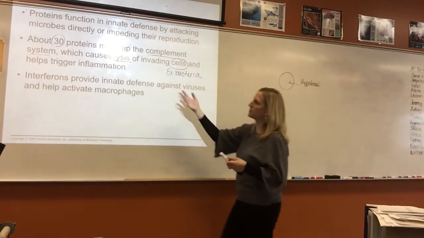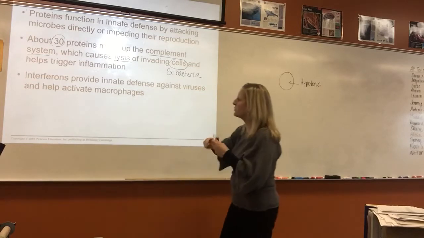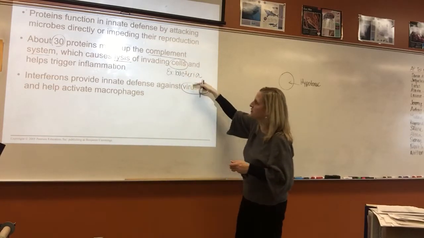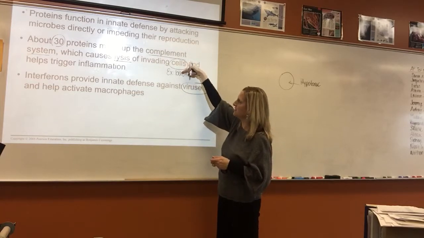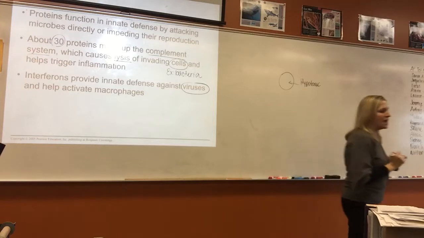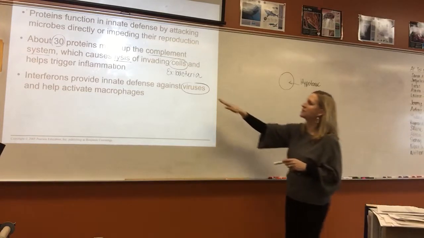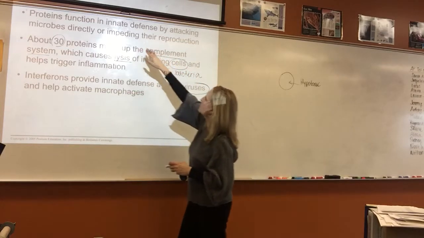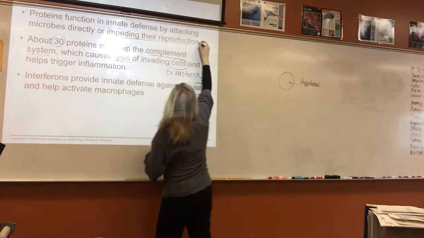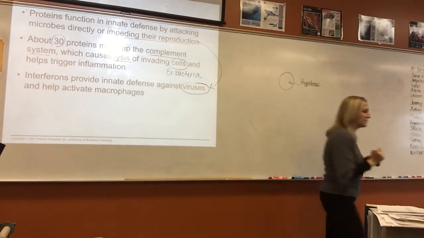Then we have another kind of molecule called interferons that also provide defense against viruses. So I wanted to point out the difference here. This works against cells, like bacteria are cells. Viruses are not cells. So interferons work against viruses. When it says impede their reproduction, that's what is happening here. Interferons impede the reproduction of viruses.